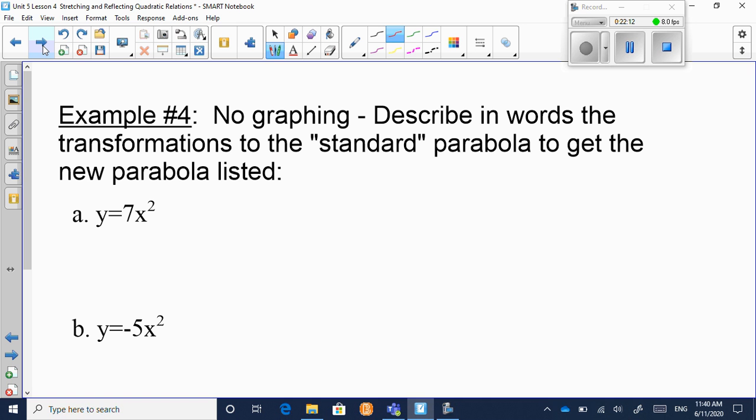One last example here is in one of your homework questions, they ask you to do it without graphing. They say just describe in words the transformations to the standard parabola to get the new parabola listed. So let me just help you with that.